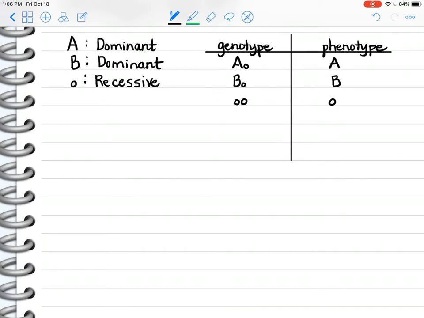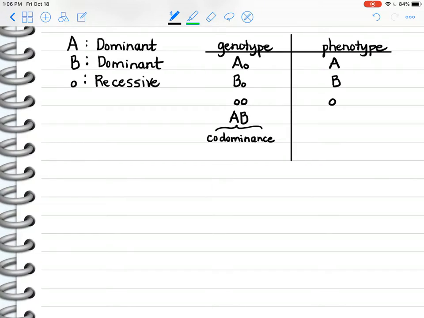But what happens when mom gave you A and dad gave you B, where both of the letters are capital letters? So this is called co-dominance, where you have both alleles that are dominant. So what kind of blood would you give this person if he or she was in surgery and needed blood?